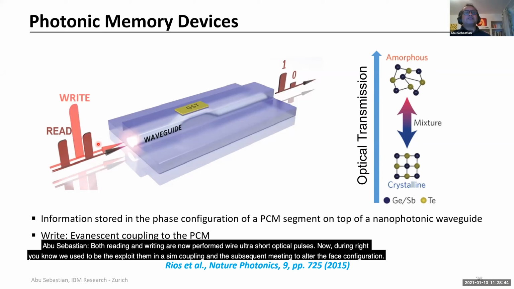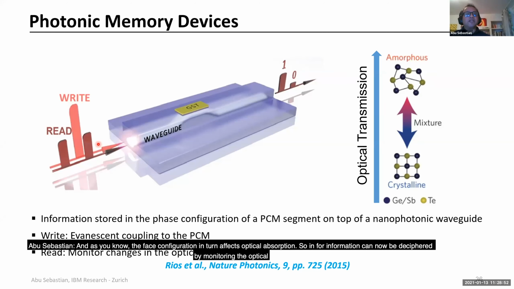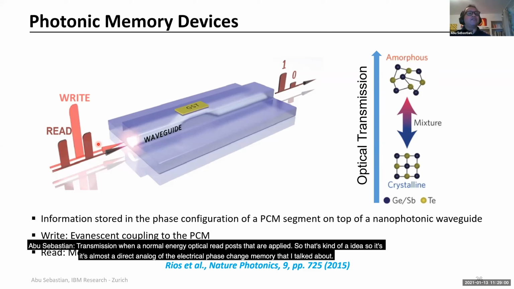During write, we exploit the evanescent coupling and the subsequent heating to alter the phase configuration. And as you know, the phase configuration in turn affects the optical absorption. So information can be deciphered by monitoring the optical transmission when lower energy optical read pulses are applied. That's the idea. It's almost a direct analog of the electrical phase change memory that I talked about.